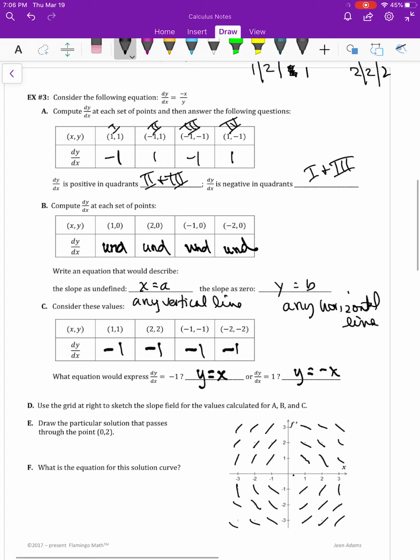I guess I can put a couple more here. And if it passed through the point (0, 2), that's this point up here. I'm going to do that in a different color.